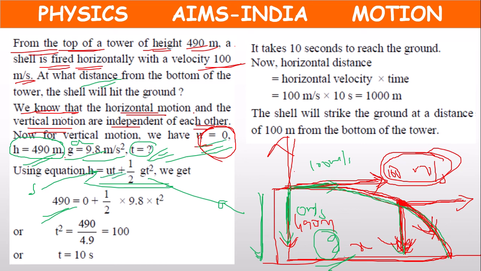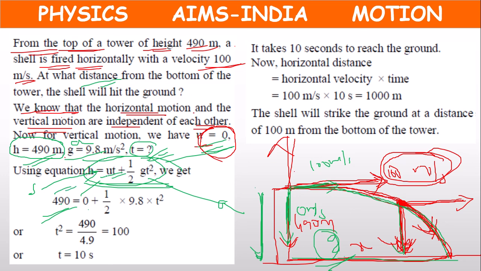Initial velocity in the vertical direction is 0, because, children, this formula is for vertical motion. The vertical distance covered by the body in reaching the bottom of the tower is the height of the tower, 490 meters.